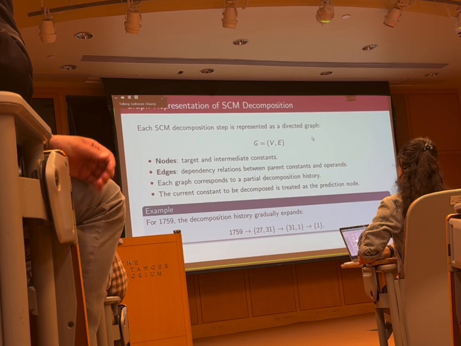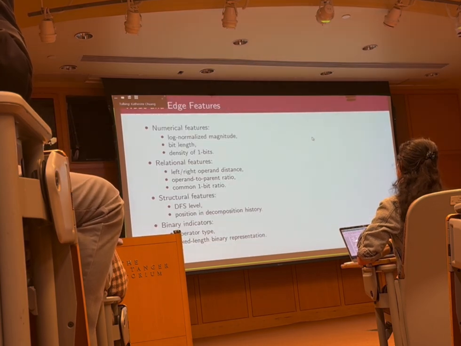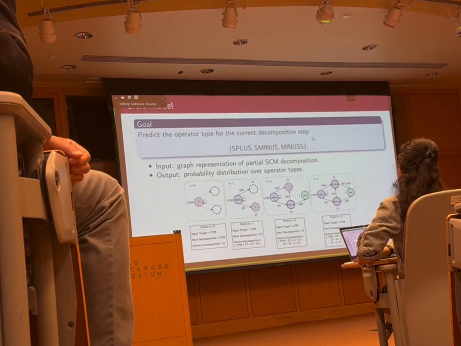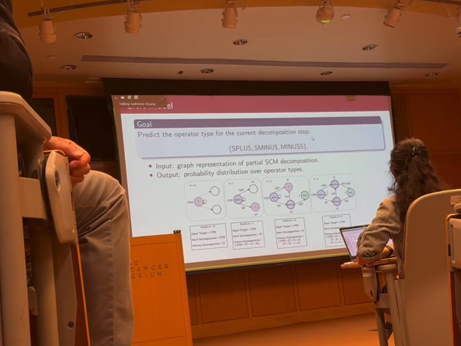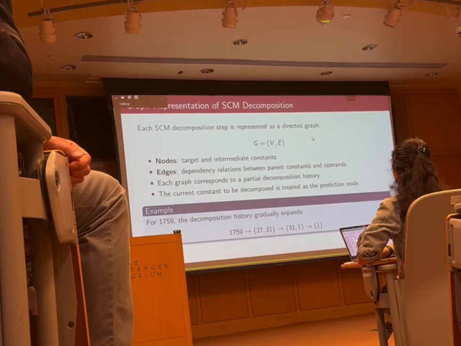Let me check whether we have a more, oh here, this is much clearer. In the first step, we decompose it into the 27 and 31 nodes, right? And in the second step, we recursively decompose the 27 or the 31. So that will lead all the decompositions to the base case.